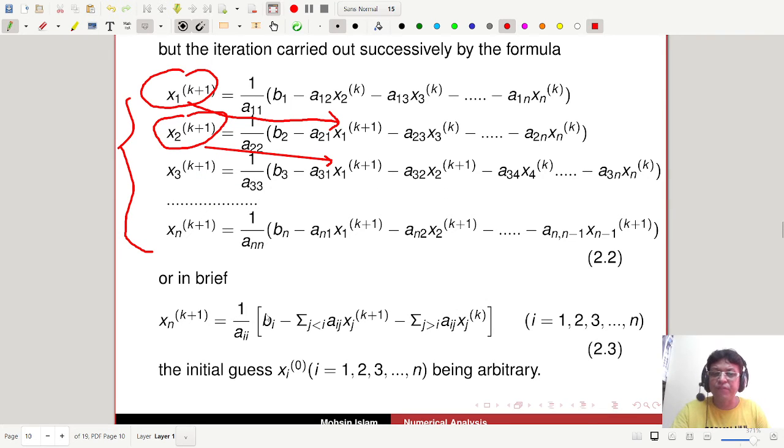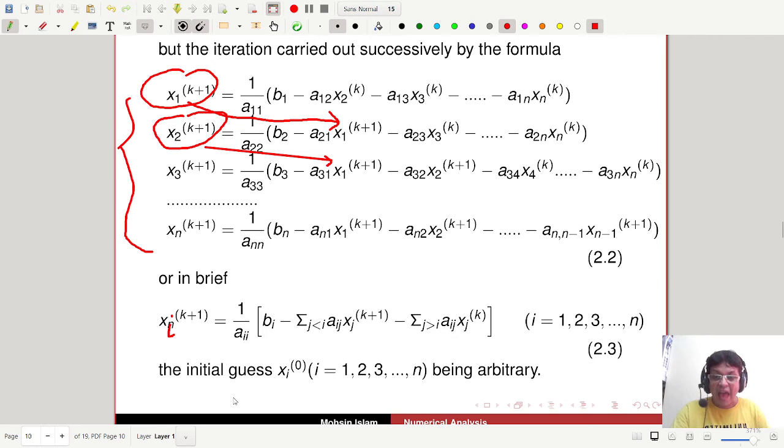In brief, you can write in these notations: xi k plus 1 equal to 1 by aii times bi minus summation over j less than i of aij xj k plus 1 minus summation over j greater than i of aij xj k. This can be written in these notations also.